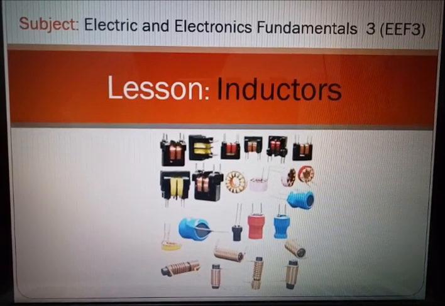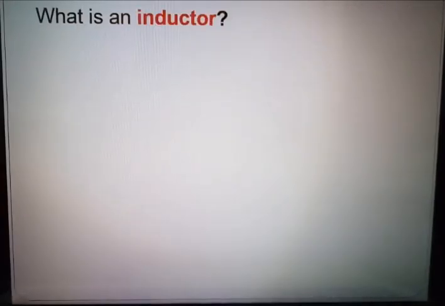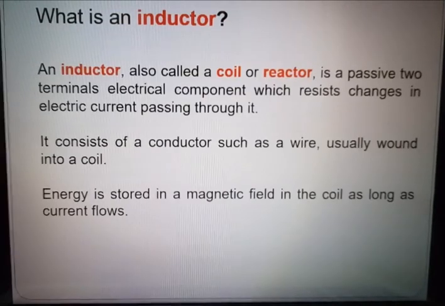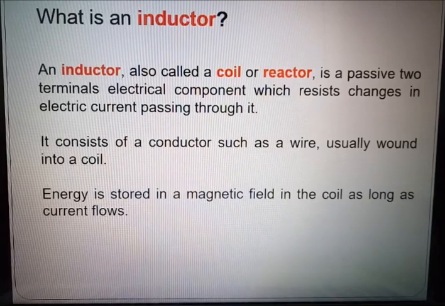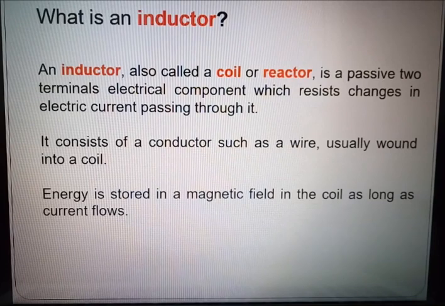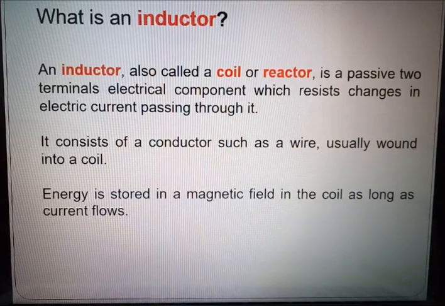Now let's start. What is an inductor? An inductor, also called a coil or reactor, is a passive two-terminal electrical component which resists changes in electric current passing through it.